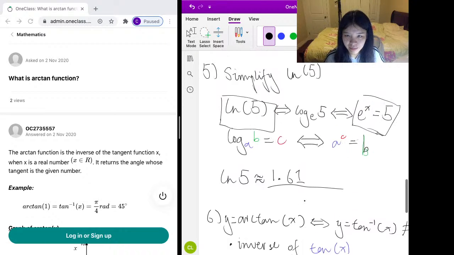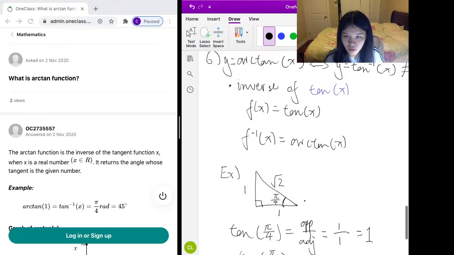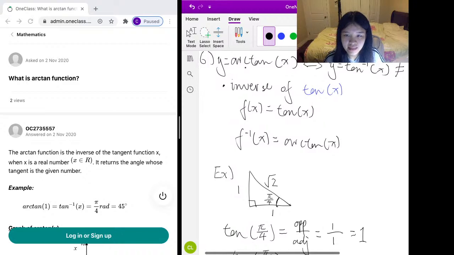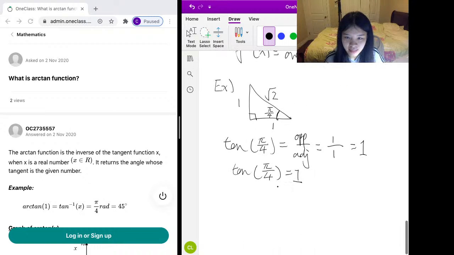Up above, we have that the arctan function is the inverse of the tan function. The tan function takes in an angle and returns the tangent of this angle, but the arctan function is the inverse function of tan x.